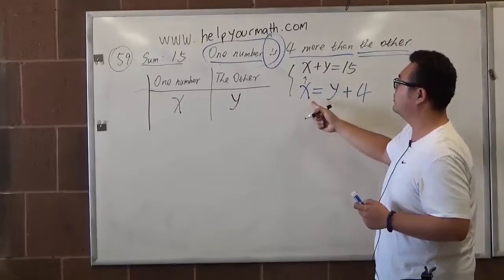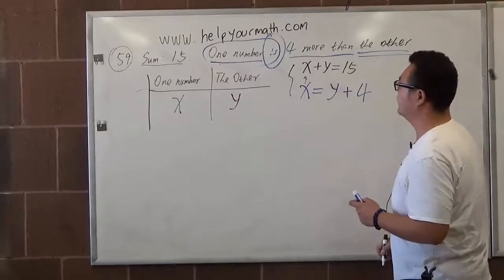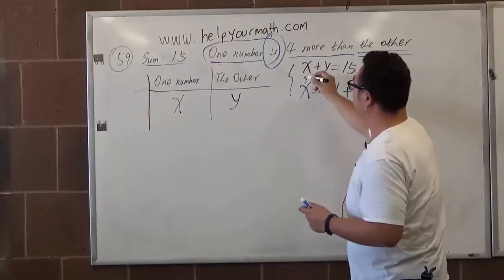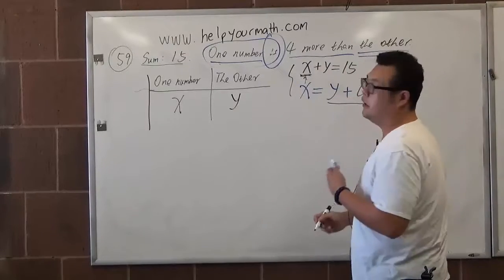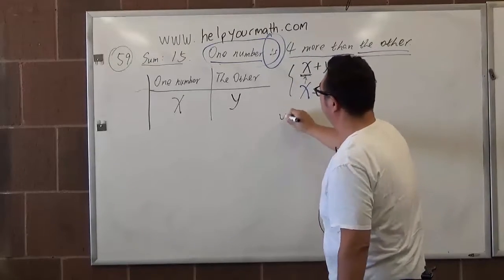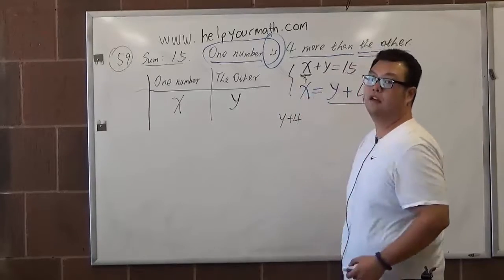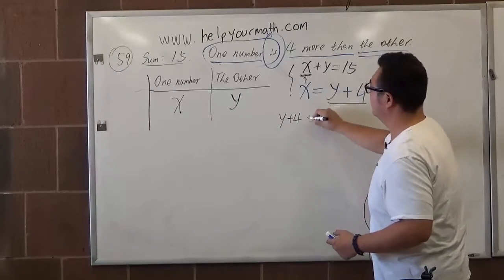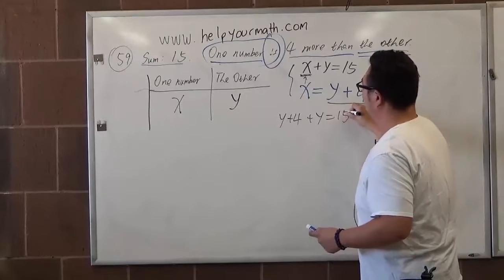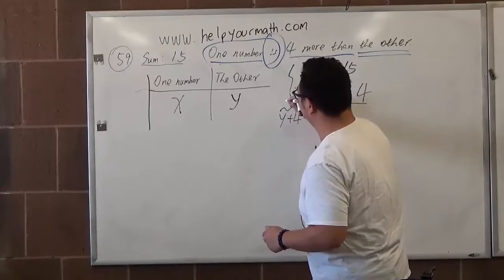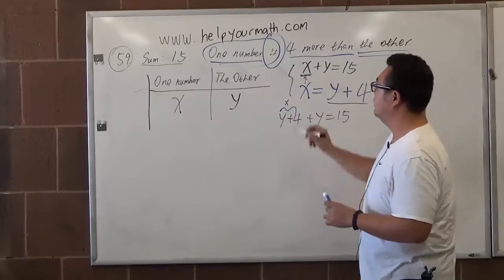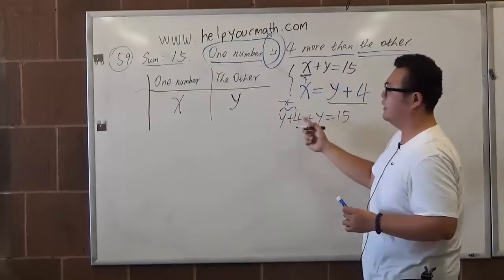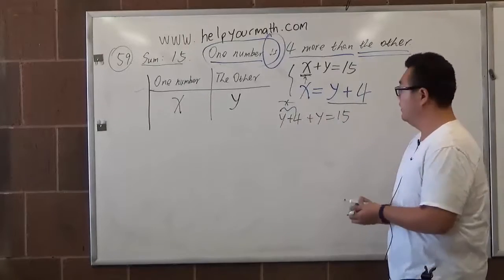Use that equation to substitute into our first equation. As long as we see x on the first one, we know the relation tells us it is y plus 4. Then we copy down the rest. This part is the x we just substituted, so no more x, but y plus 4 now.